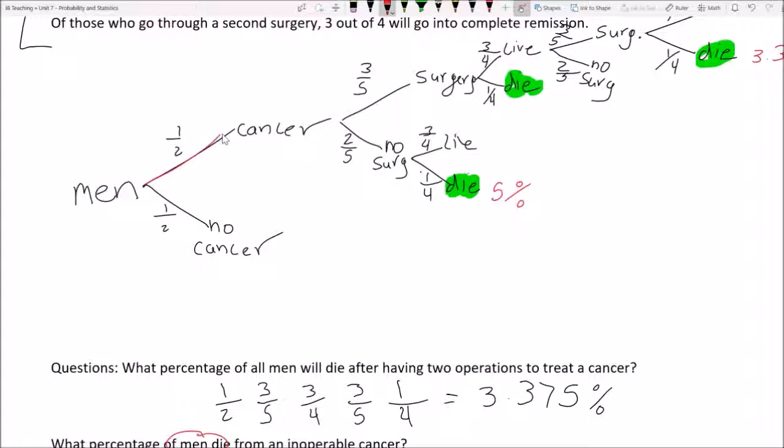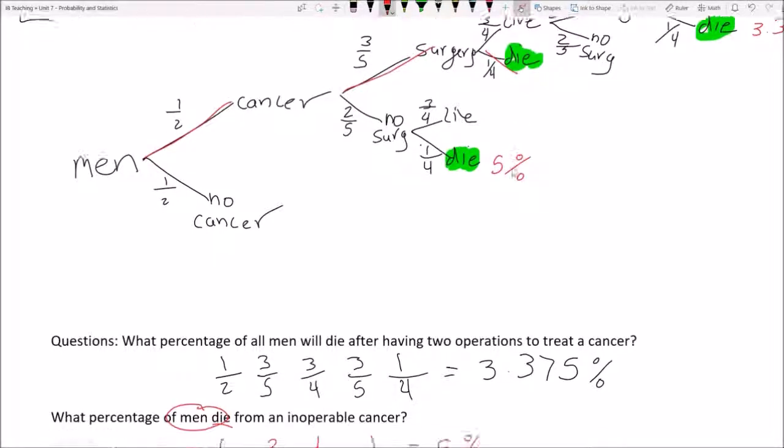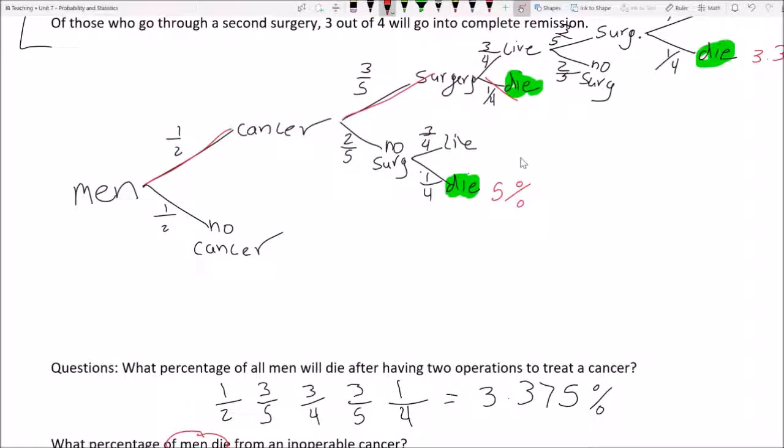So 1/2, 3/5, and 1/4. So let's multiply those together. So 1/2 times 3/5 times 1/4, and that is 7.5%.